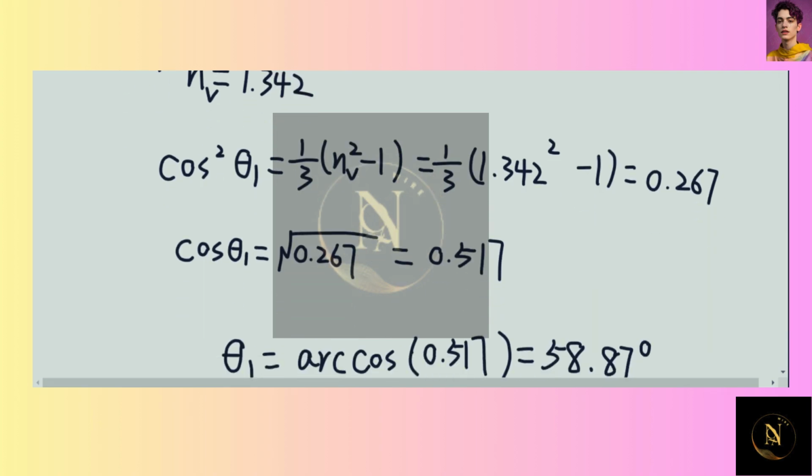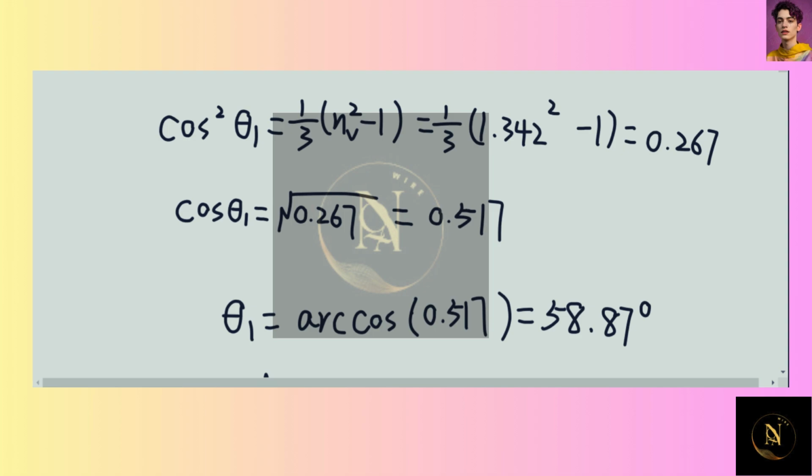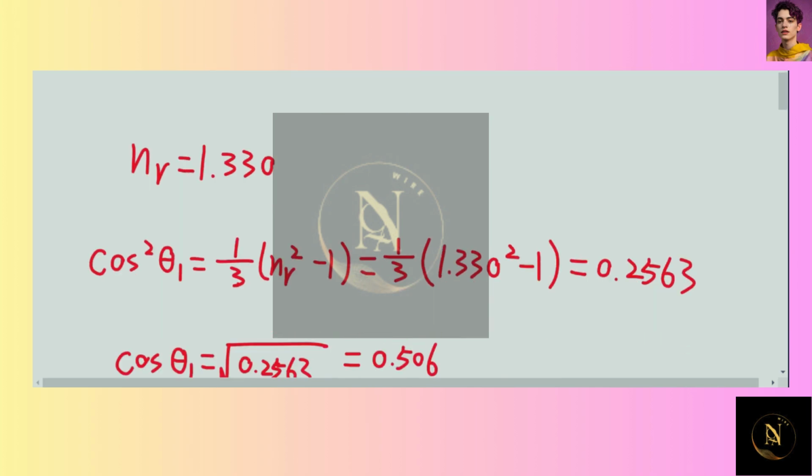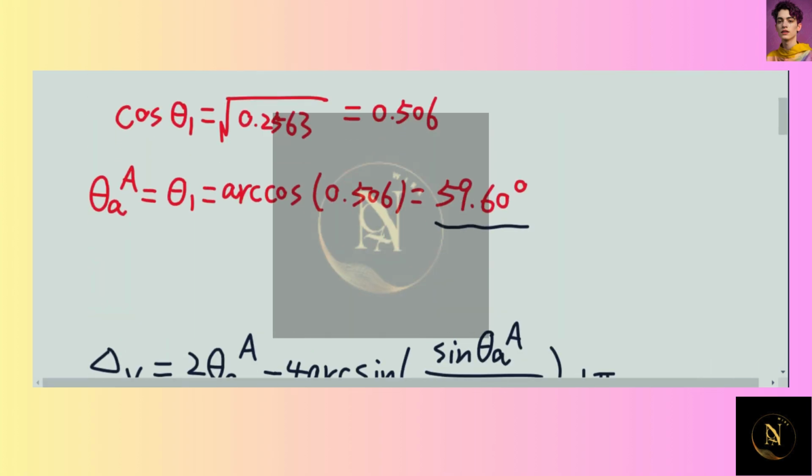So eventually, we'll have angle theta 1 is equal to 58.87 degrees for the refractive index of water for violet light. And then we know that the refractive index of water for red light is 1.330. If we plug in to calculate the angle theta 1, eventually we'll have theta 1, which is equal to theta AA, is equal to 59.60 degrees.